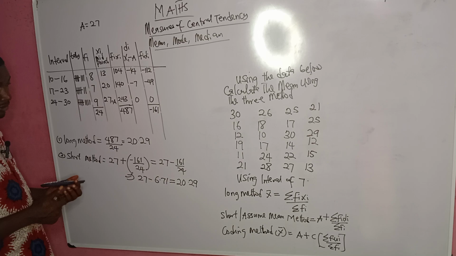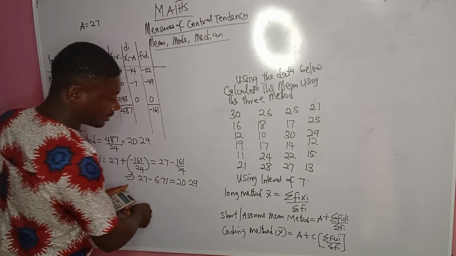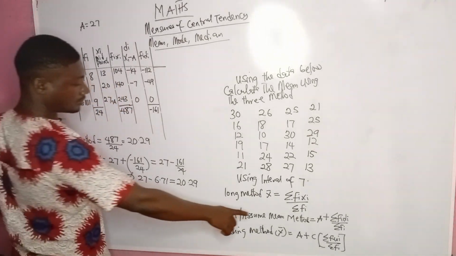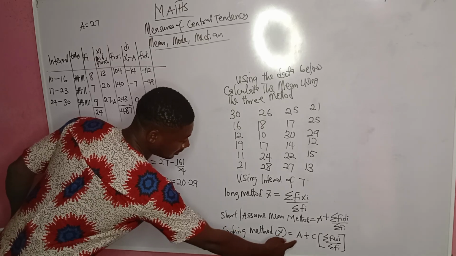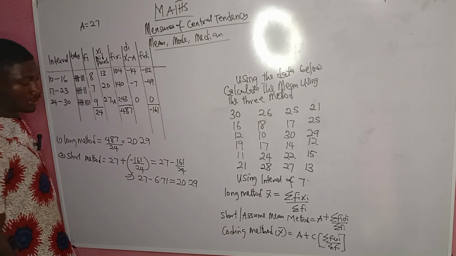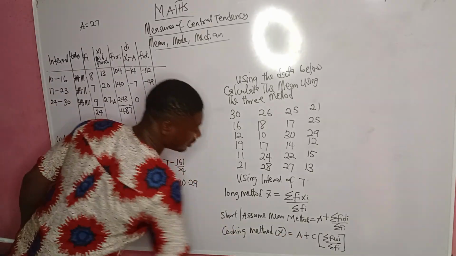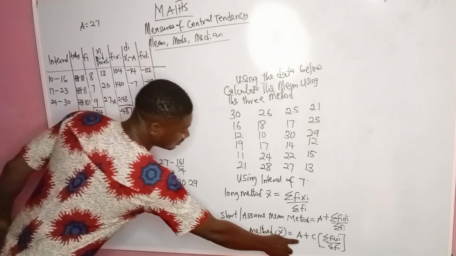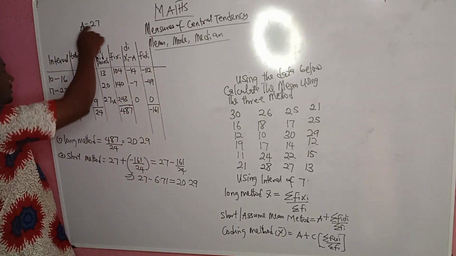So let's look at the last method, which is the coding method. The first thing in the coding method is the assumed mean plus the class size. The assumed mean is already 27.